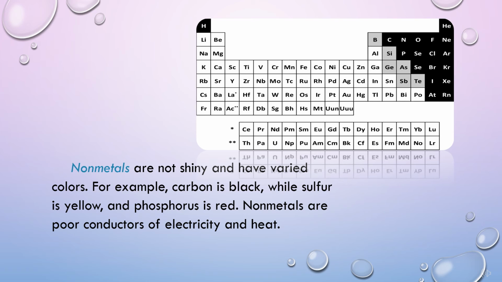So mas mainit yung cup na metal compared sa cup na hindi metal. So that is conductivity. Nonmetals are poor conductors of electricity and heat, while metals are good conductors of electricity and heat.